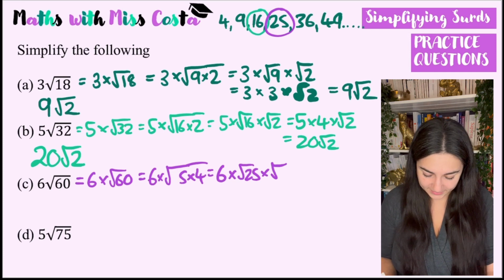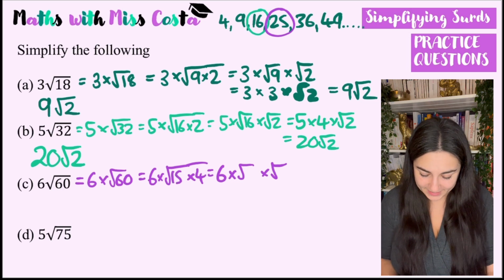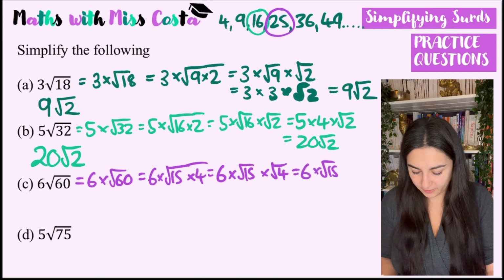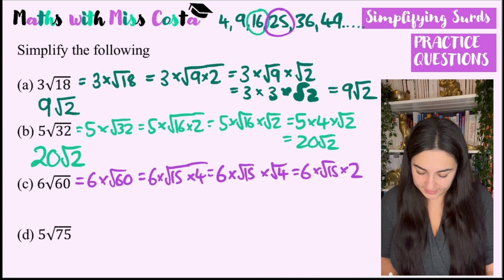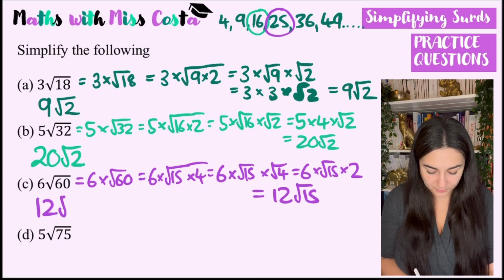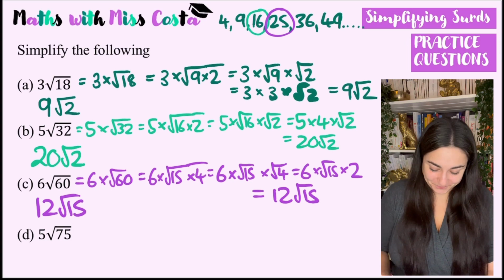Sorry, my brain. So that would be 6 times root 15 times 2. 6 times 2 is 12, so that would be 12 root 15. So 12 root 15.